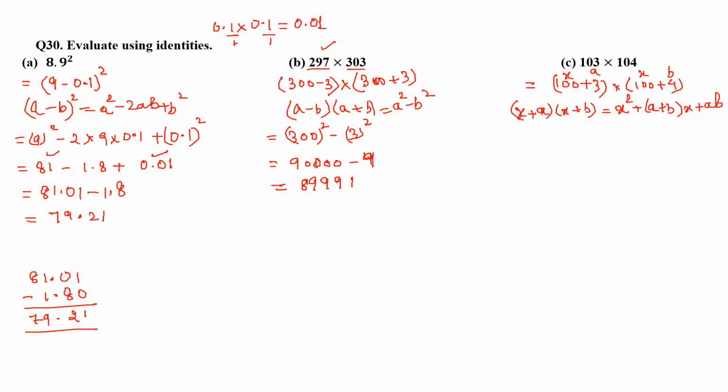Now just put the values. So x square, x is 100, plus a plus b, a is 3, b is 4, times x, x is 100, plus 3 into 4. So 100 square will be 10,000, plus 3 plus 4, 700, plus 12. And if you add everything, you will get 10,712. So this is your question number 30.